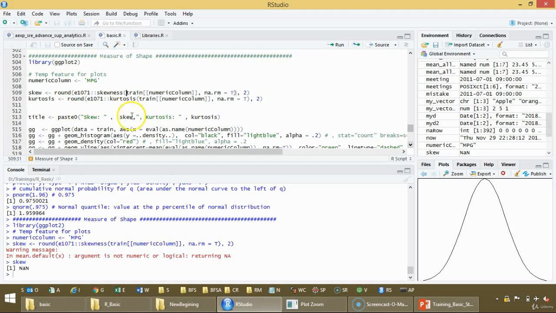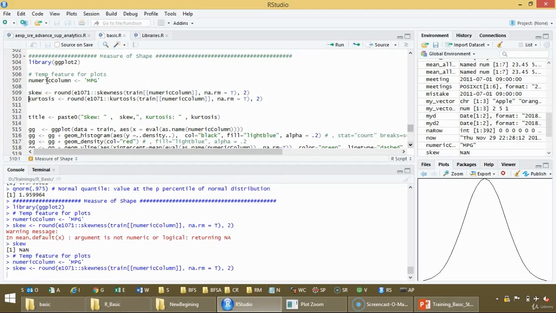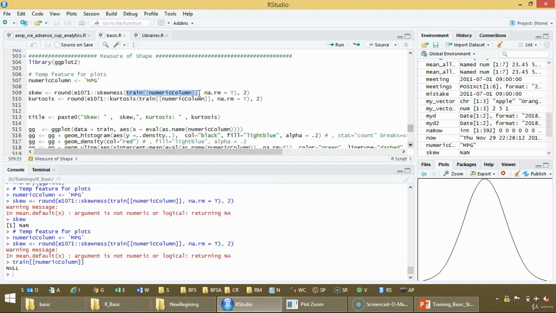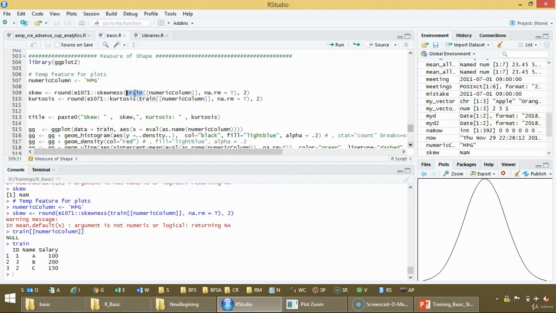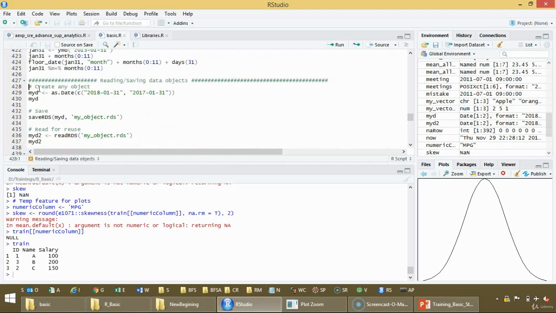Let me see why NaN. I think I have not run 507. Sorry for that. Now let me run 509. Okay, is train having anything? No. Train is still that old data frame, so let me load the train data again.